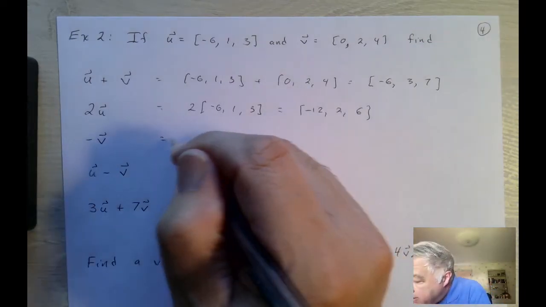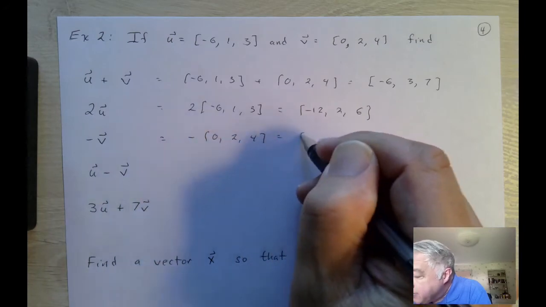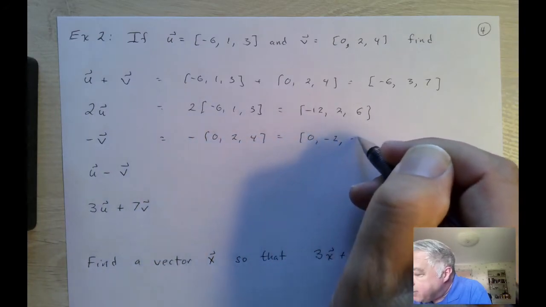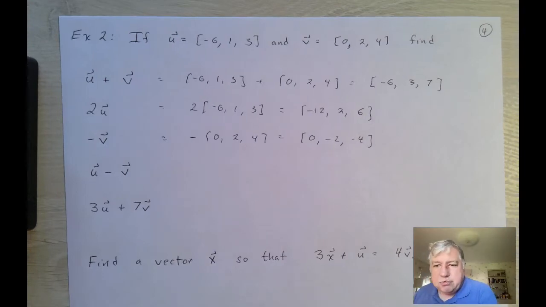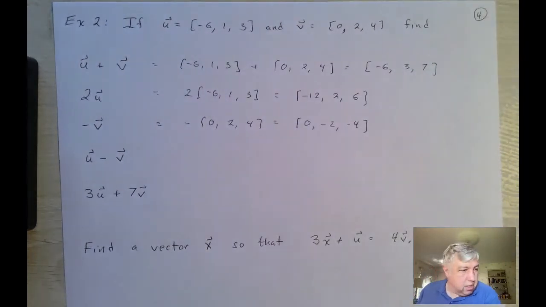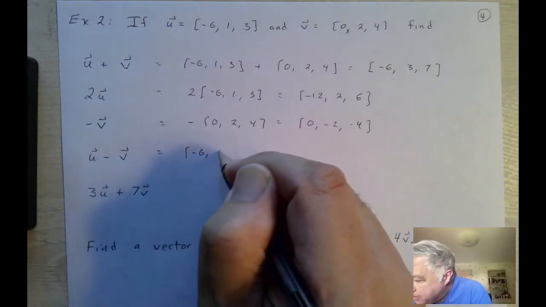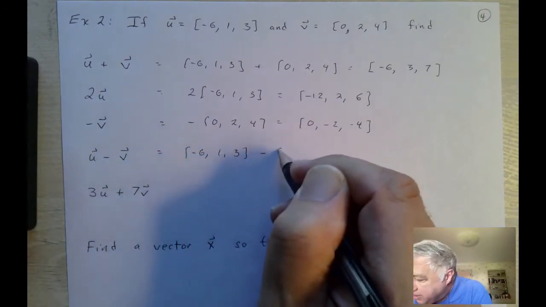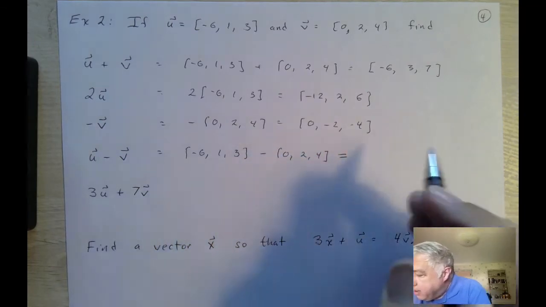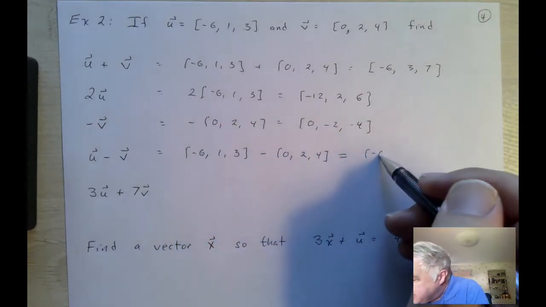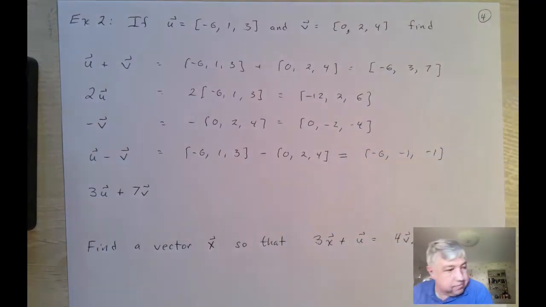Negative v would be negative 0, negative 2, negative 4, so this would be 0, negative 2, negative 4. Negative 0, we just treat as 0. u minus v would be negative 6, 1, 3 minus 0, 2, 4, and that would be negative 6, negative 1, negative 1, I think.